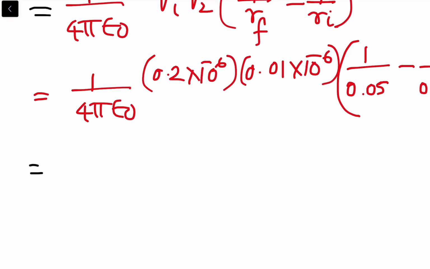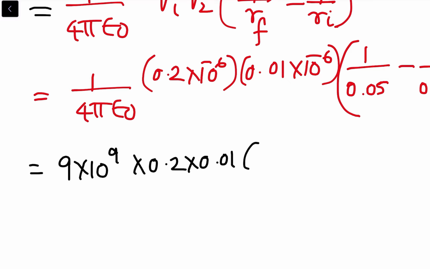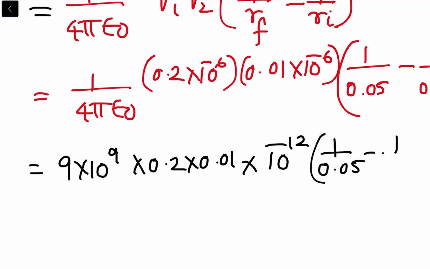So we take 9 into 10 to the power of 9 into 0.2 into 0.01 into 10 to the power of minus 6 into 10 to the power of minus 6, which becomes 10 to the power of minus 12, into 1 by 0.05 minus 1 by 0.10.